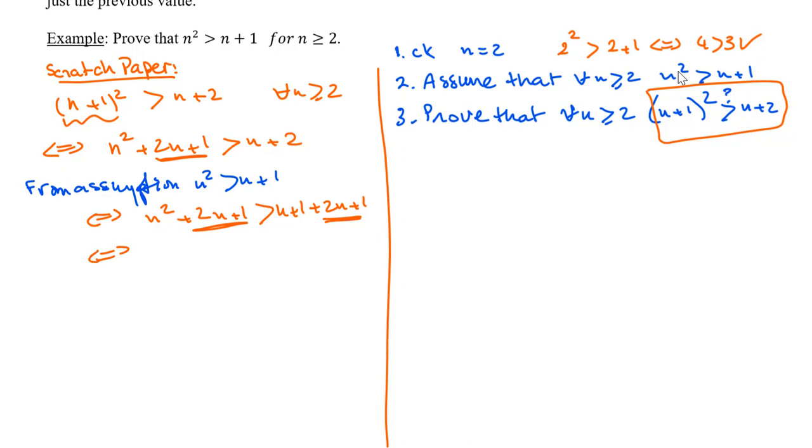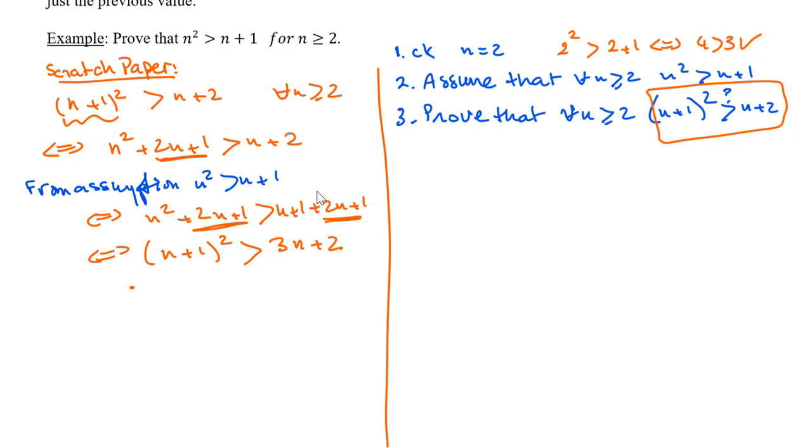What we're going to end up with is n plus 1 quantity squared greater than 3n plus 2. But the goal is to prove that n plus 1 quantity squared is greater than n plus 2. And I end up with n plus 1 quantity squared from the assumption being greater than 3n plus 2.